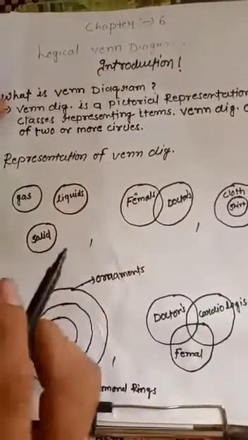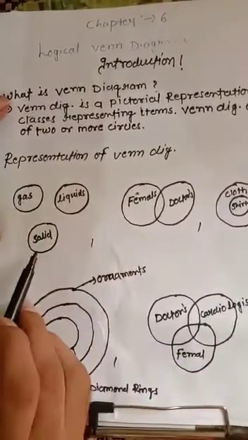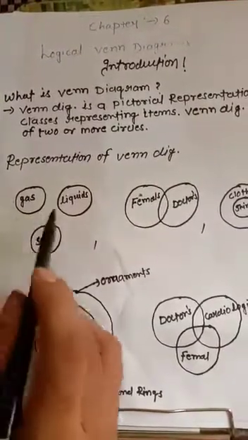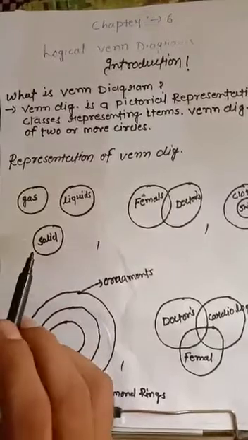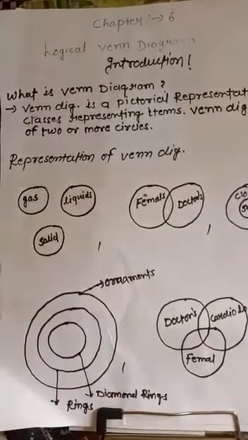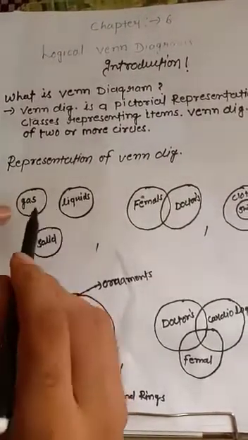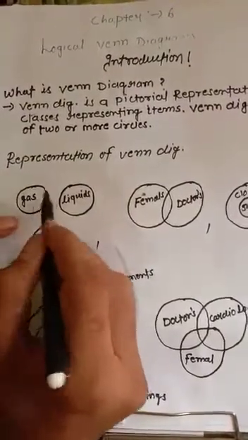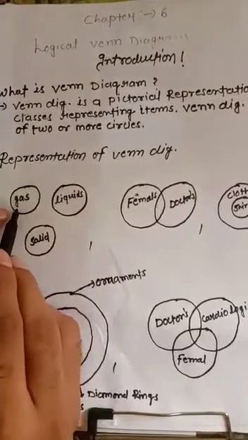See, here I mentioned that gas, liquid and solid, these three things are represented with the help of circles, and that is called a Venn diagram. Now, what is the relationship between solid, gas, and liquid? If you mention a circle for a class, that means you are talking about gas.